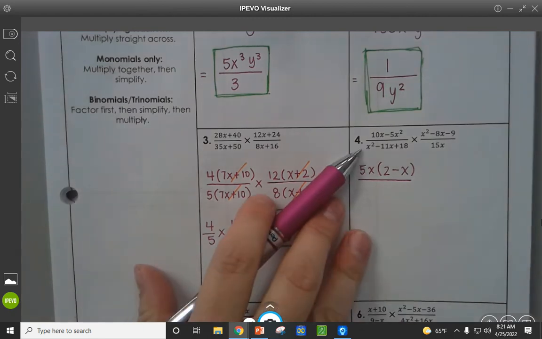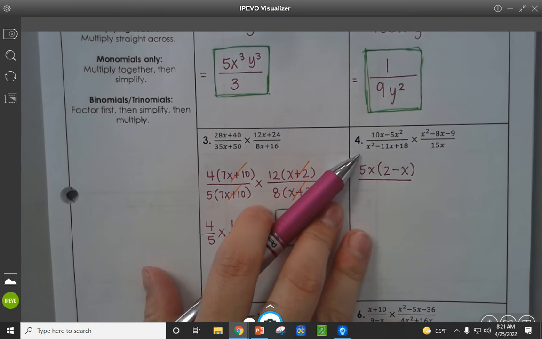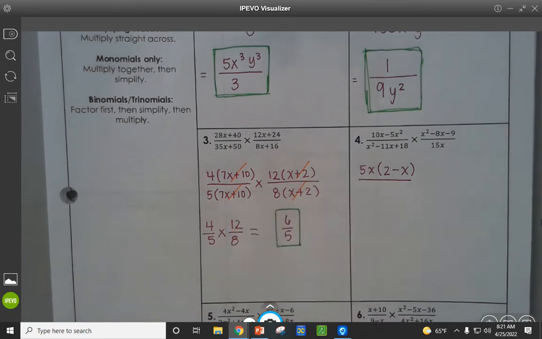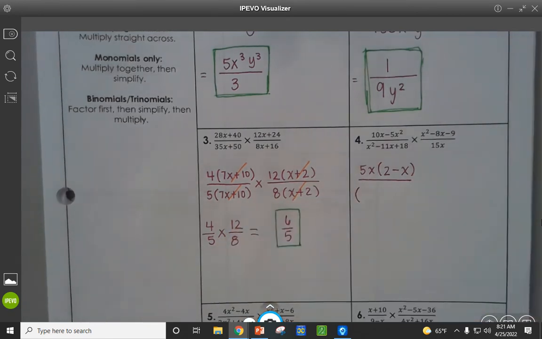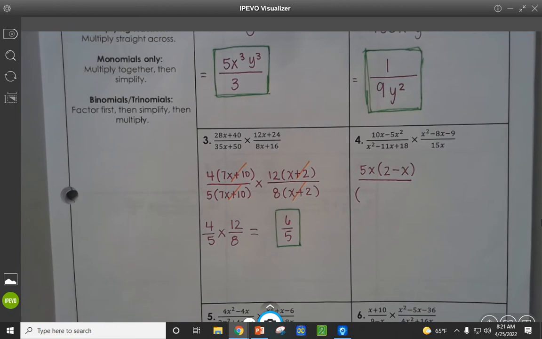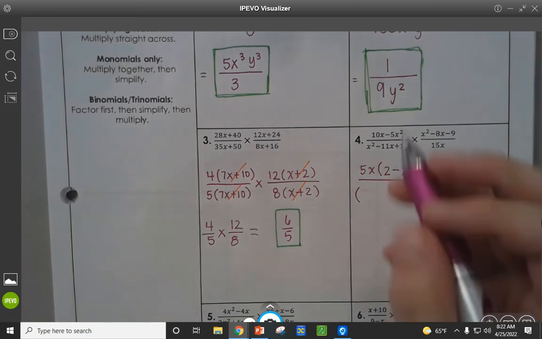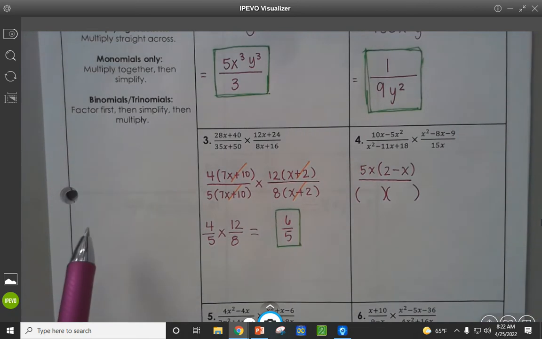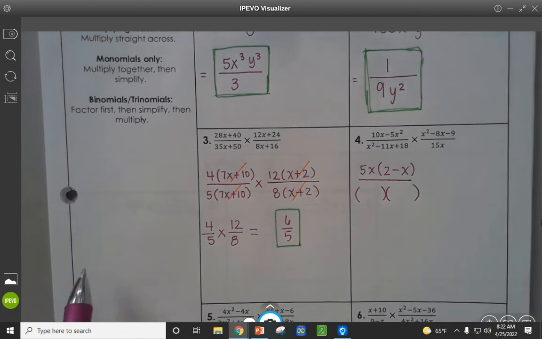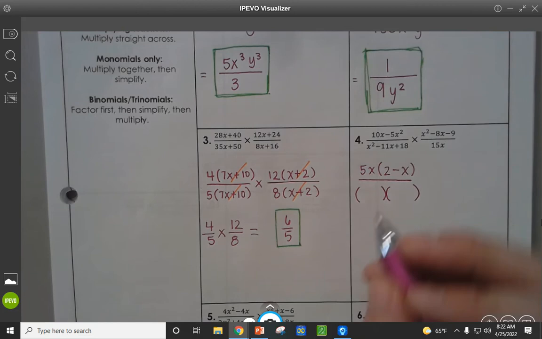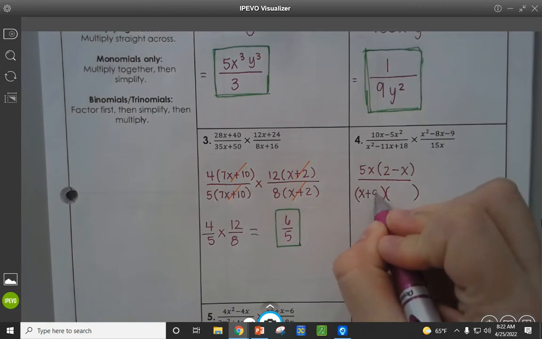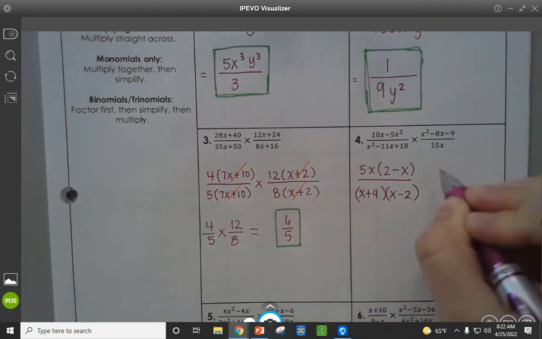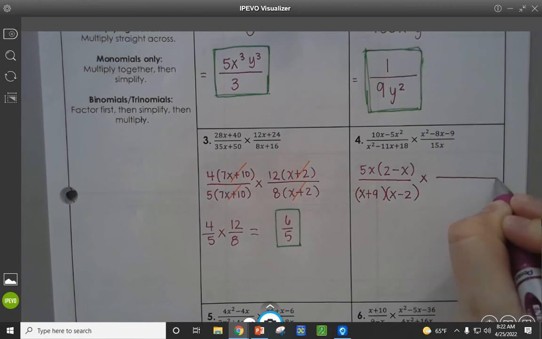Do we have a GCF in the bottom? No, but it's a trinomial. So we can find two numbers that multiply to be 18 and add to be negative 11. Yep, x plus 9, x minus 2 times.